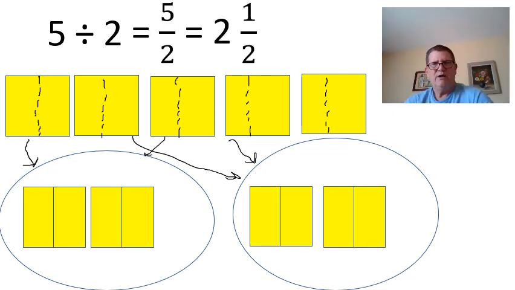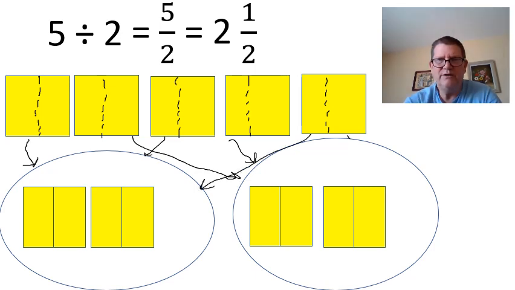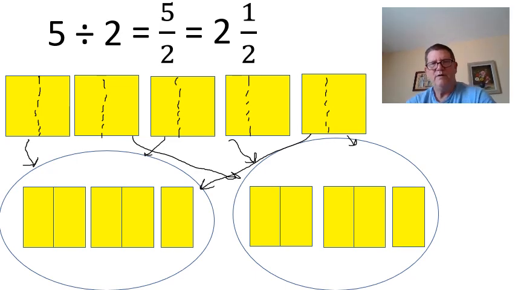So now I've got 2 wholes in each one, but I still have 1 remaining block. So I end up having to take this one over to here and this one to here. So now I end up with 5 halves in each circle, and 5 halves is equal to 2.5 because 2 goes into 5 2 times with 1/2 left over.